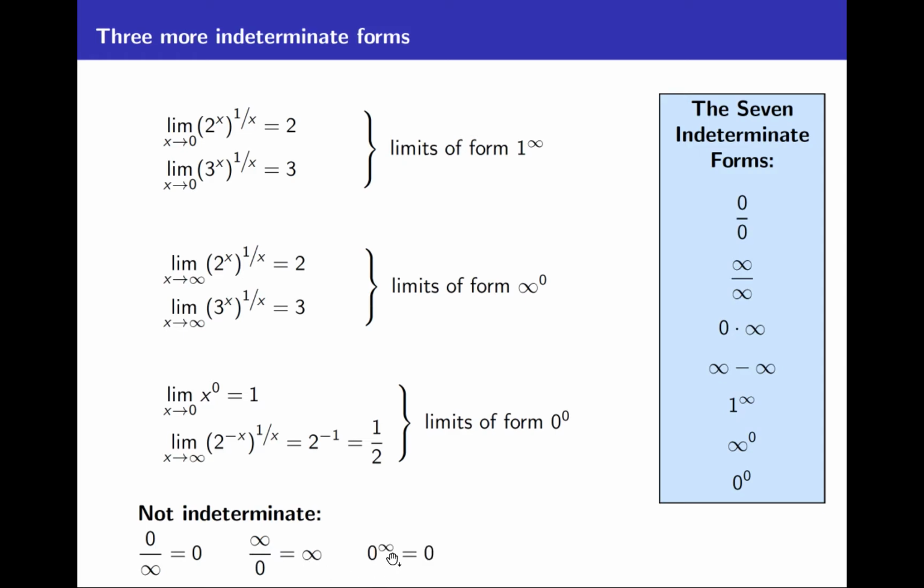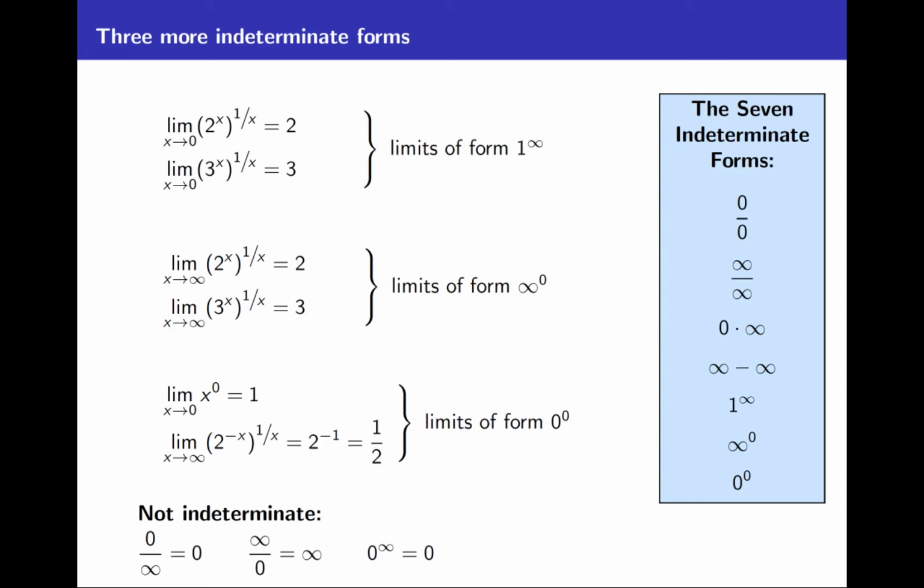0 to the power of infinity. Think about a really small number like maybe 1/2 or 1/4 raised to a really big power. That's very small. And the smaller the base gets and the bigger the exponent gets, the closer and closer that value gets to 0. So 0 to the power of infinity is not indeterminate.